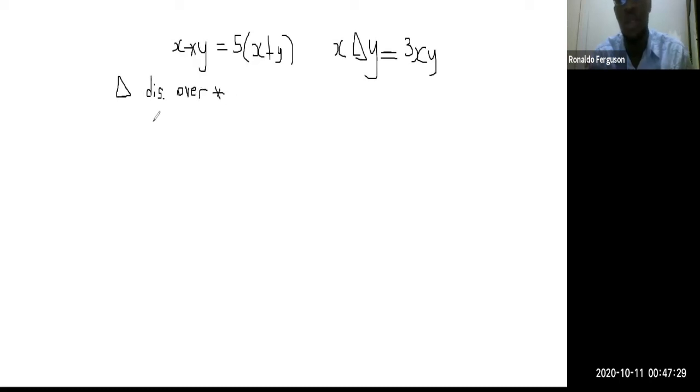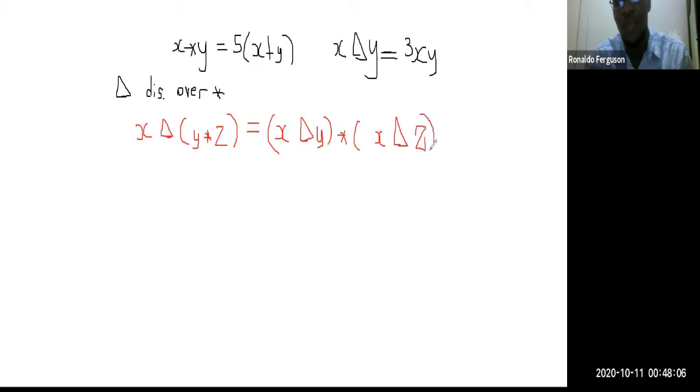If delta is distributive over star, then we can say that x delta y star z is going to be equal to x delta y star x delta z. That's if delta is distributive over star.